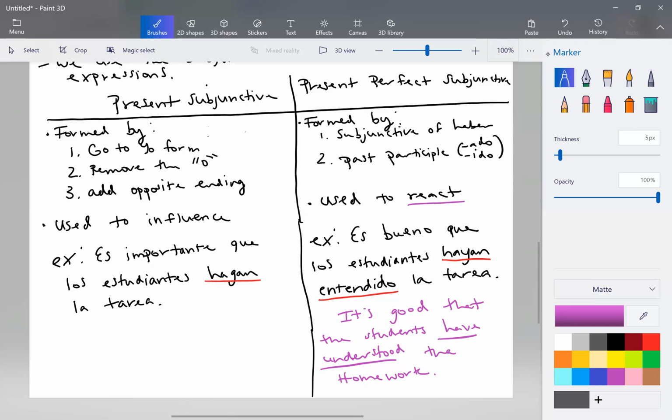Okay. Meanwhile, the present subjunctive is not quite the same. It's important that students do their homework.